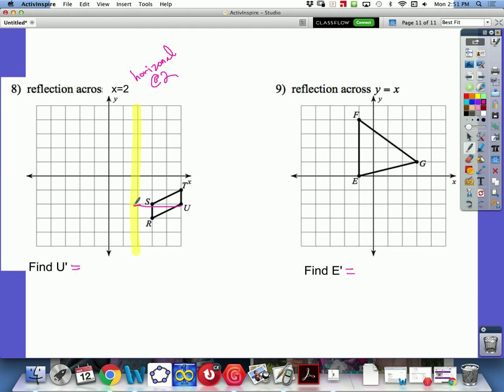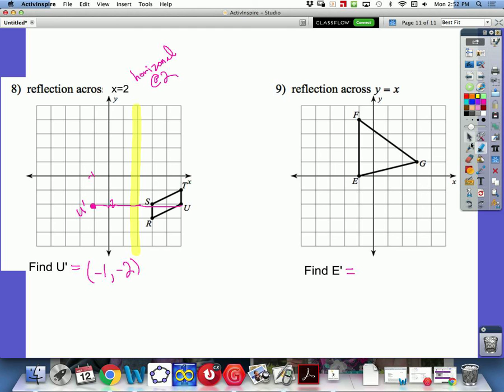So on the other side it's also 1, 2, 3. So my U' is right here. And now I can find that's -1 and it goes down to -2. So U' is at -1, -2. So again, don't do it in your head. Take your time to actually draw out the line and then count and move it.